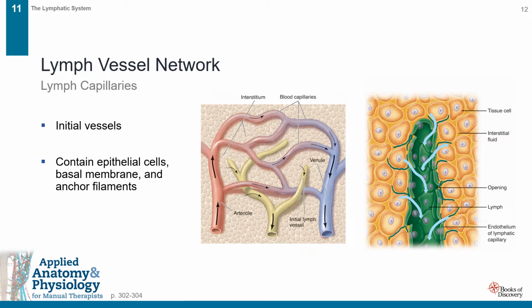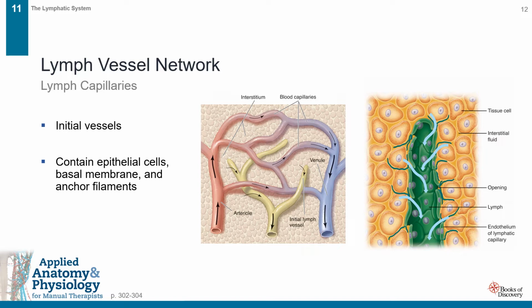The basement membrane, also called the basal membrane, which forms the external covering of the initial capillary, has a much looser weave, making it only a partial membrane. In several areas, there is no outer membrane at all. This makes initial vessels much more permeable than cardiovascular capillaries and functionally more absorbent.